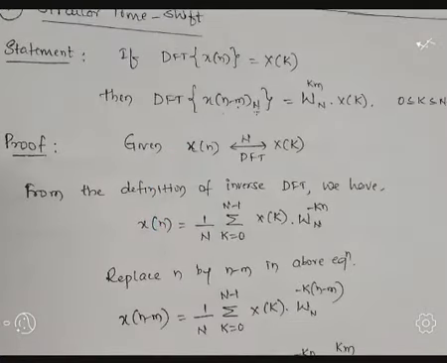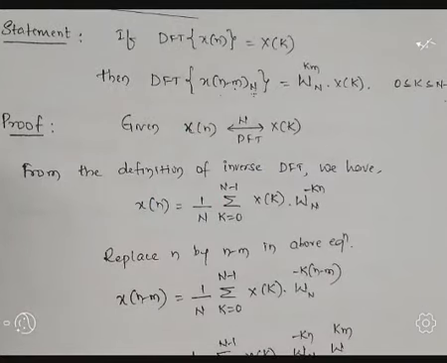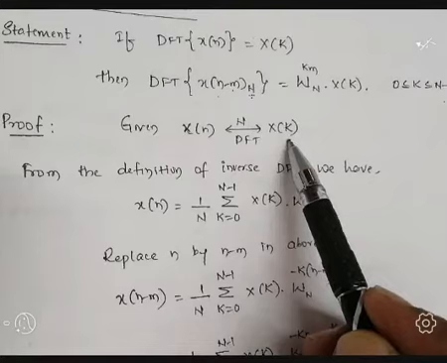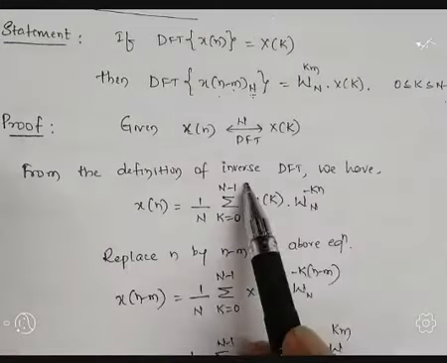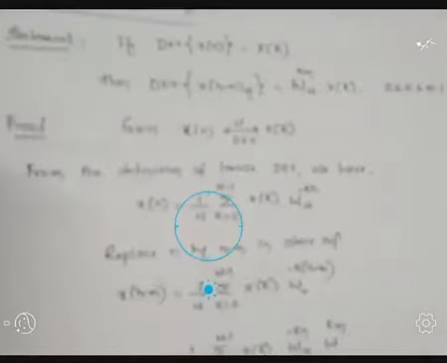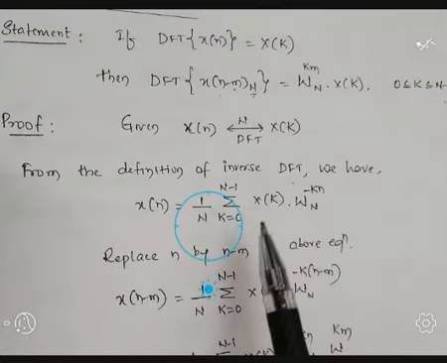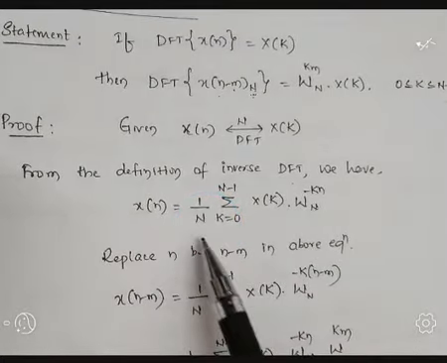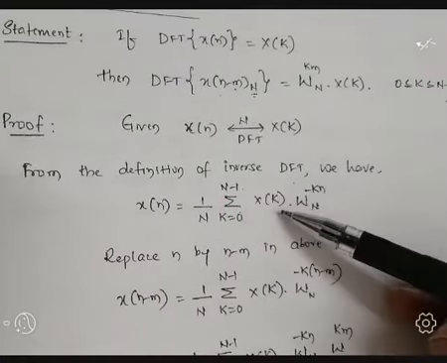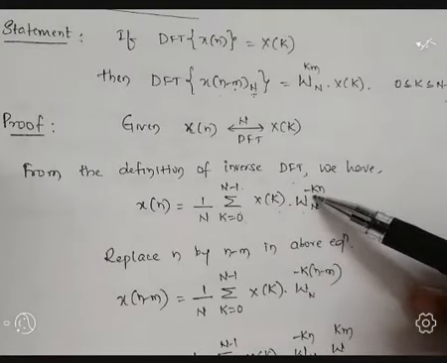First I am going to write the DFT pair, that is x of n has N-point DFT pair X of k. From the definition of IDFT, that is inverse DFT, we can write x of n equal to 1 by N summation k equal to 0 to N minus 1 X of k multiplied by W_N to the power minus kn.